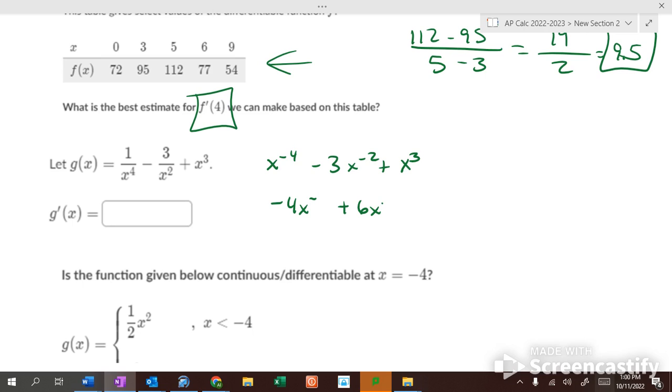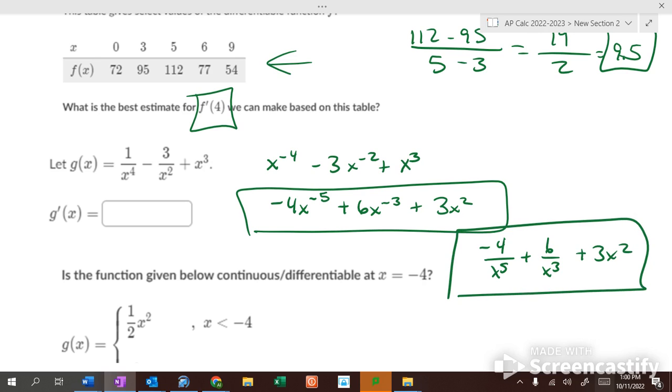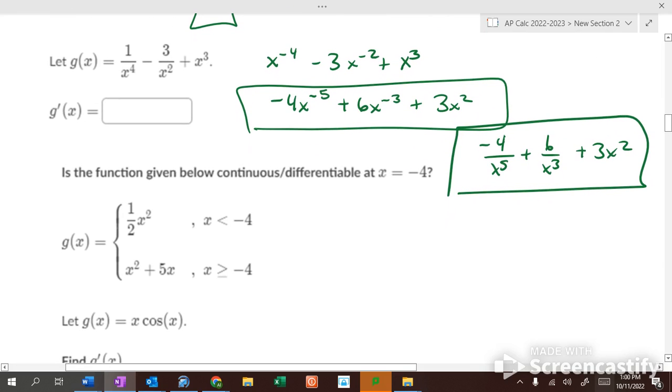Now you go down by 1. Yeah, negative 5, negative 3, plus. If you put it in like this on your computer, it'll be just fine. I think if you also put negative 4 over x to the fifth plus 6 over x to the third plus 3x squared, that's a way I forced my old students to do it, but I have figured out that I don't have to do that anymore.